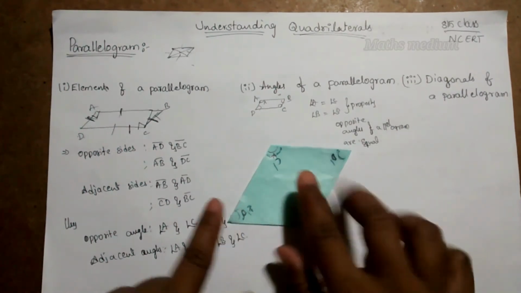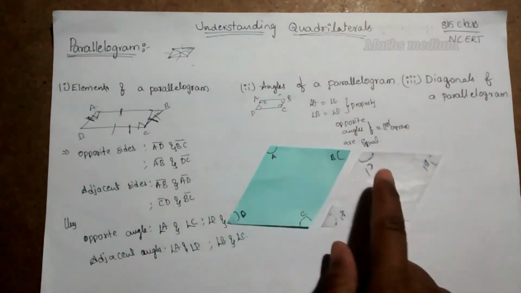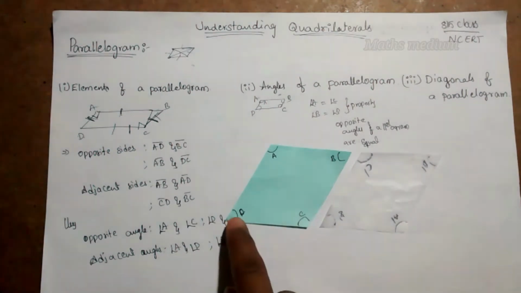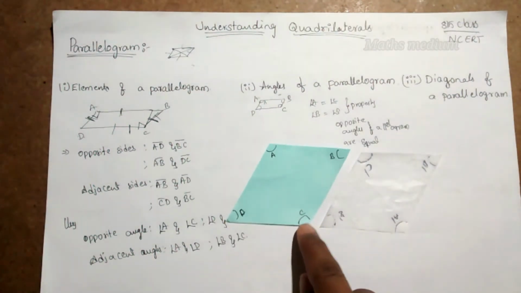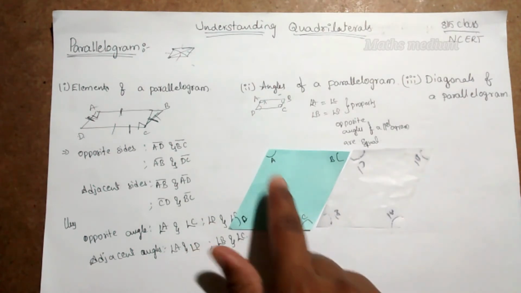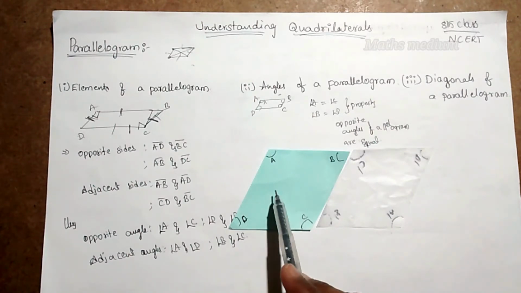See here, I am separating these two. This is A, here we have C1. This is B, we have D1. This is D, we have B1, and this is C, we have A1. You can conclude this: opposite angles of a parallelogram are equal. Yes, obviously opposite angles of a parallelogram are equal.